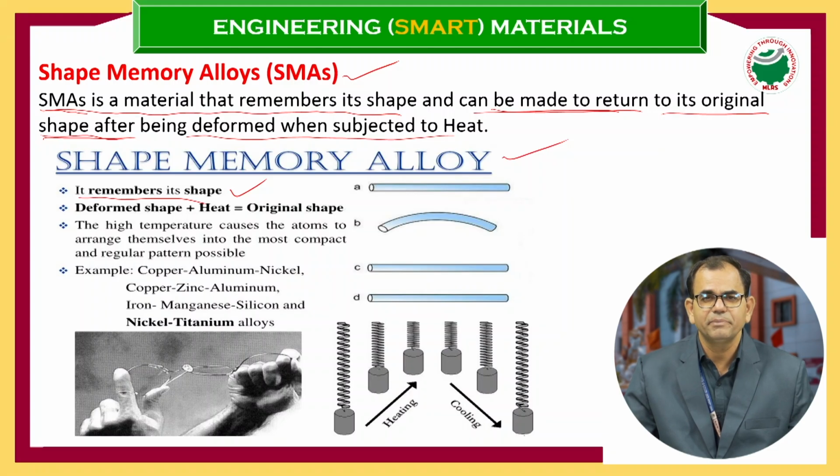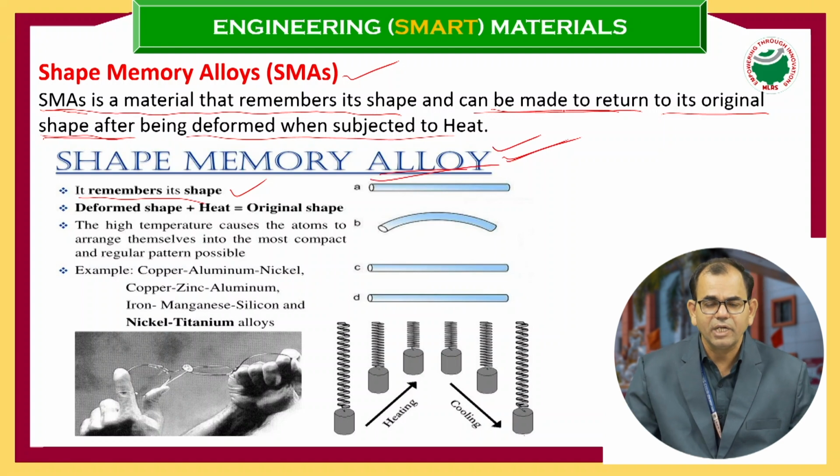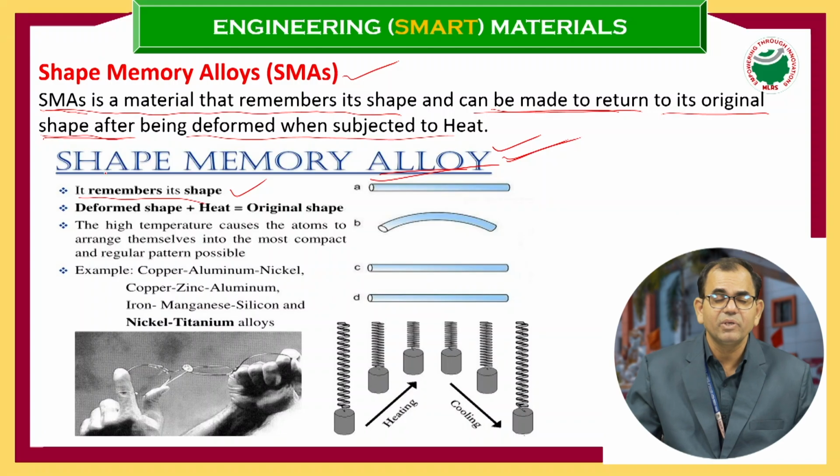In Hyderabad, there is Mishra Dhatu Nigam Limited, called Midhani. That is the institute which deals with metallurgy-related materials. Metallurgy is nothing but the composition of materials or metals. Alloy means a mixture of metals. Shape memory means they remember their shape.